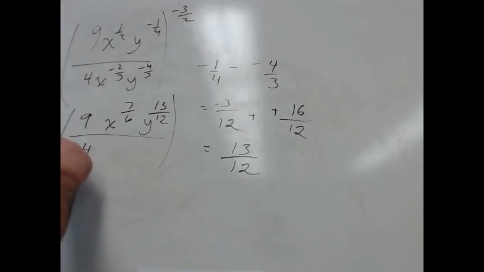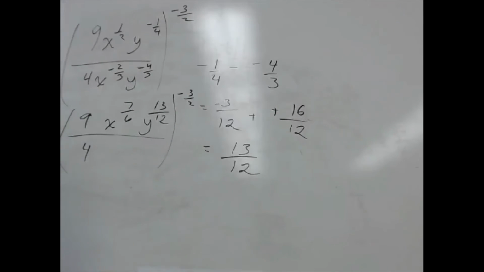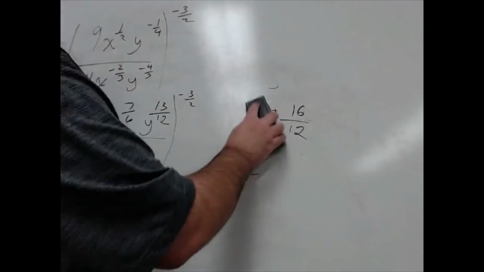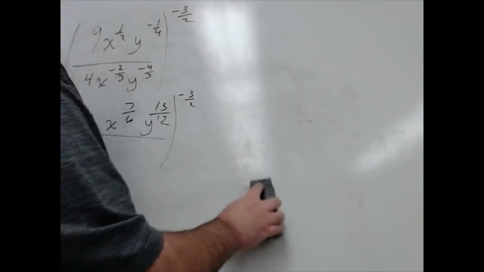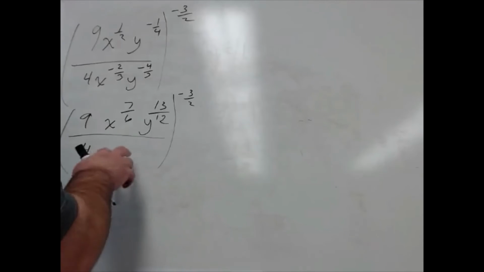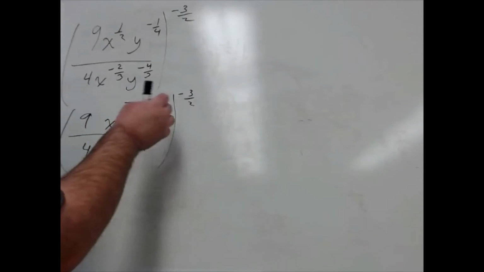My exponent is negative 3/2 right here. Okay, from here, again, you've got options as to how to deal with this, but let's just stick with what we've done before, which is to apply this exponent to everything that's inside the bracket.